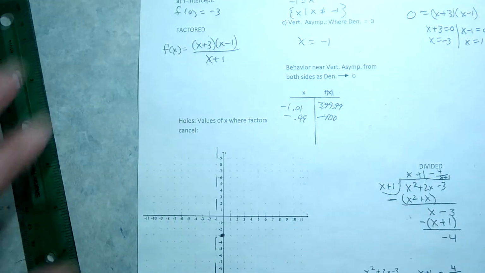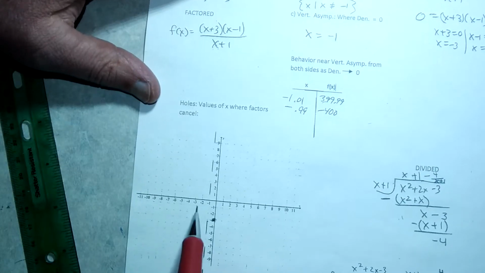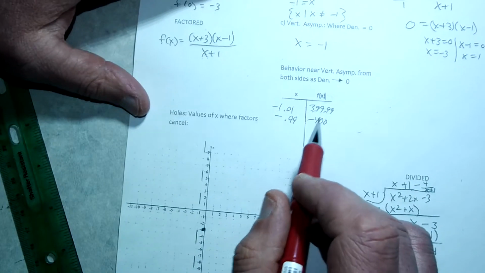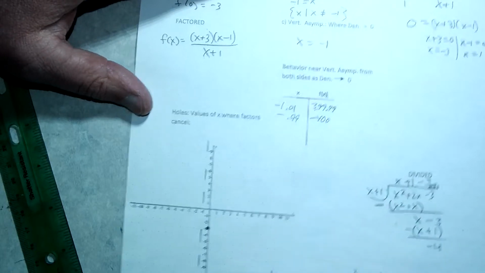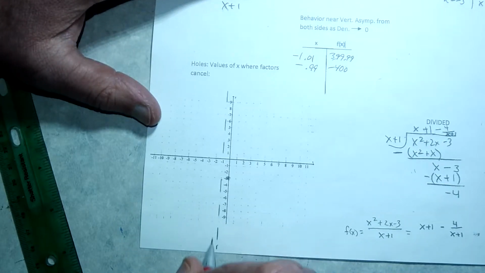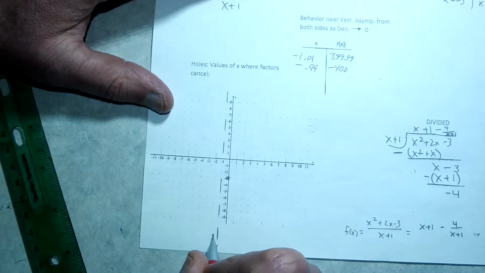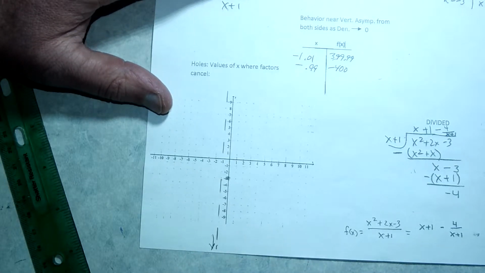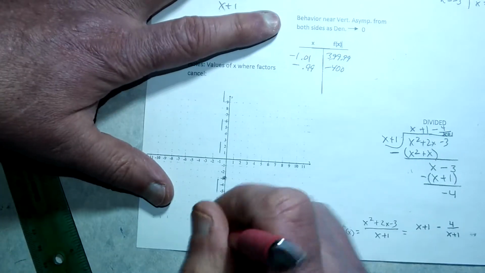okay, and if I approach it from the left, like negative 1.01, I get something almost pretty much 400. I'm just way down here. So I know on the left side the behavior of my function is going to be way down. Oh, I'm sorry. No, it's a positive 400.